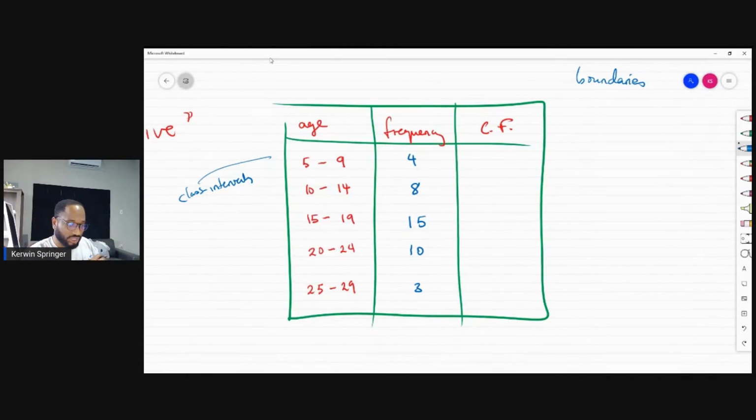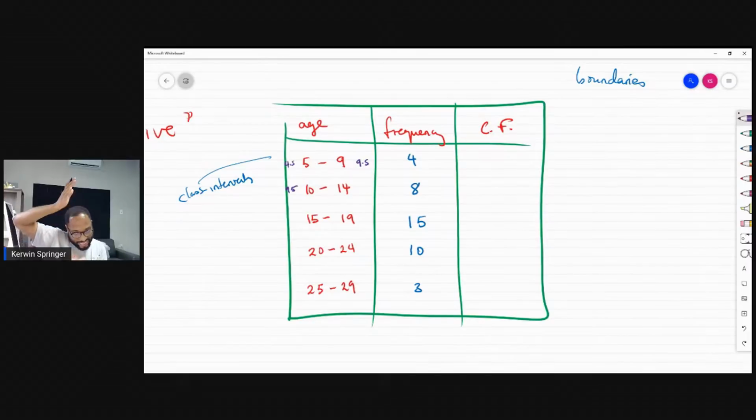The boundary is the number between the upper class limit and the lower class limit of successive class intervals. Let's put it in hidden. That might be a 4.5 here, then 9.5, and 9.5 will repeat itself here.